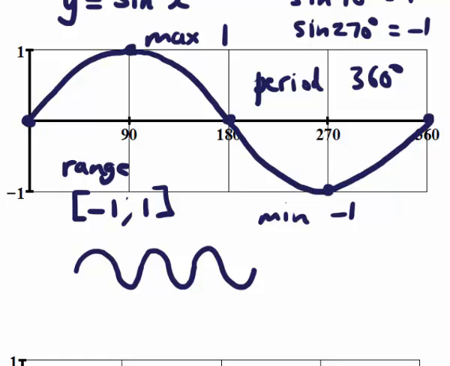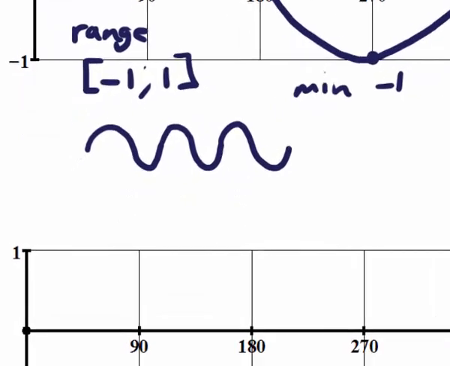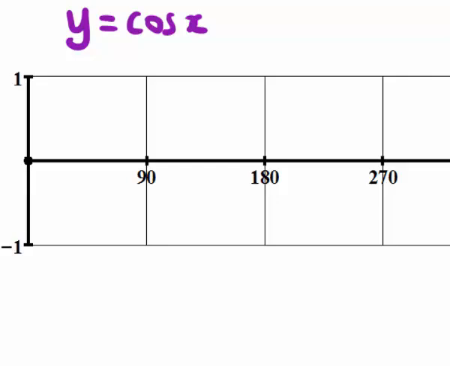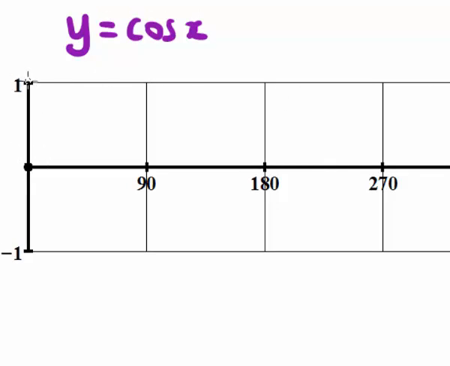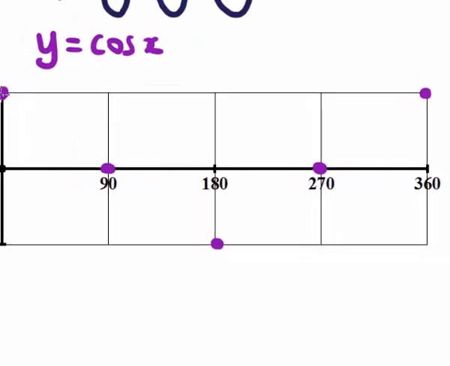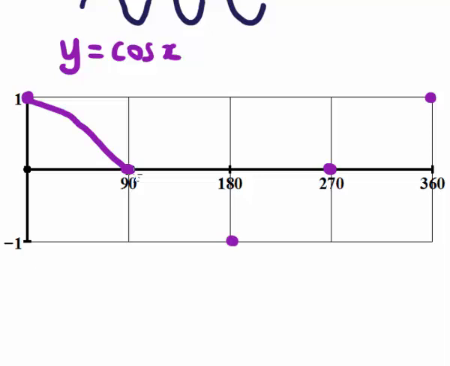Okay, and then the other one was cos. Now cos x, if you remember, if we use a little calculator, the cos of naught is going to be 1. So if that's naught, the cos of naught's 1, then the cos of 90 is naught, 180 is negative 1, 270, and 360. So the cos graph almost looks like a cup. Comes down, and then it turns at 180, up to 270.